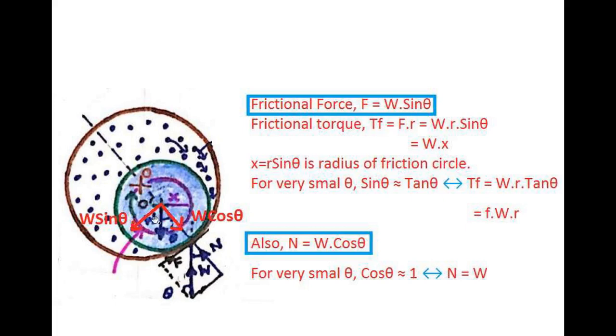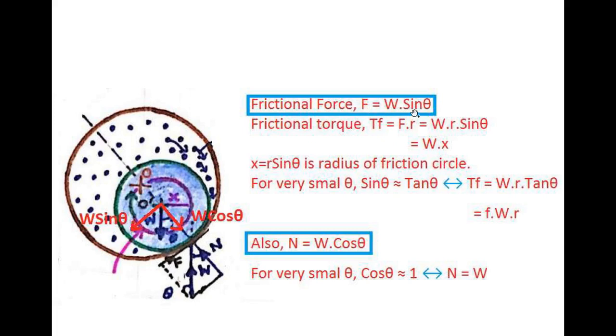Now this W can be resolved into two forces, W cos theta and W sin theta, along the radius and perpendicular to the radius, or we can say along the tangent line. Now by the equilibrium condition, this frictional force F can be written as equal to W sin theta.